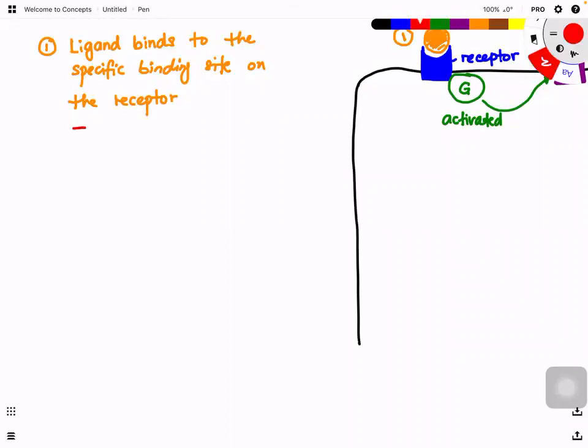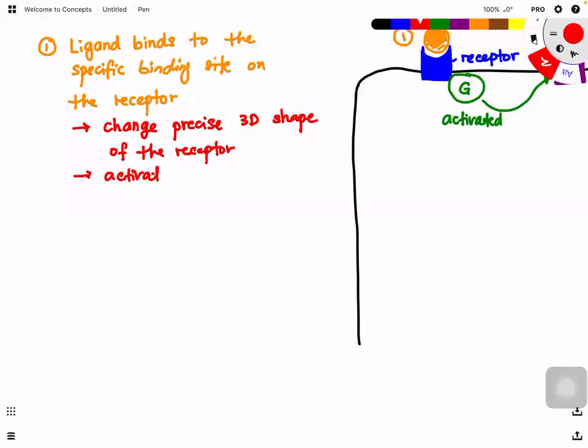Something extra that we need to know: the binding of the ligand to the specific binding site on the receptor first changes the precise three-dimensional shape of the receptor, and this change in shape causes the activation of the G protein, particularly in this case, G alpha. Are you clear? But you don't need to be so precise.